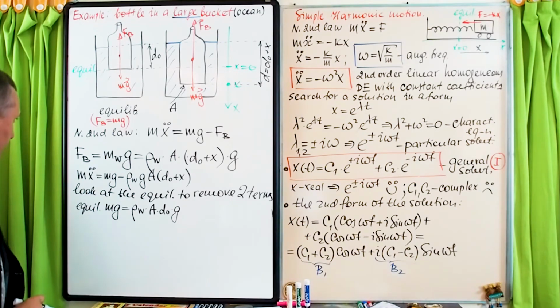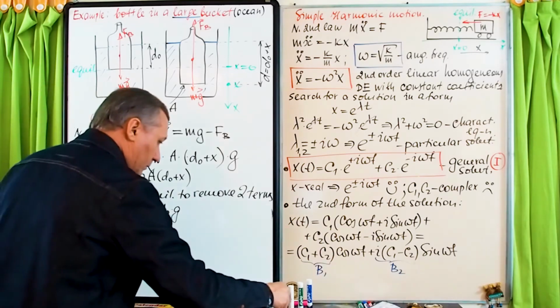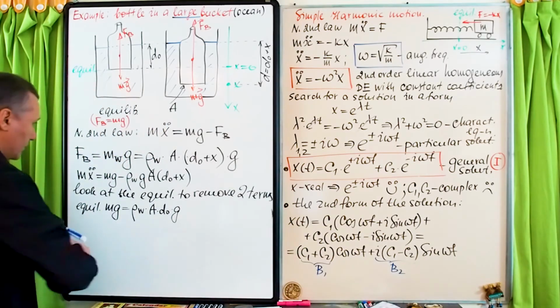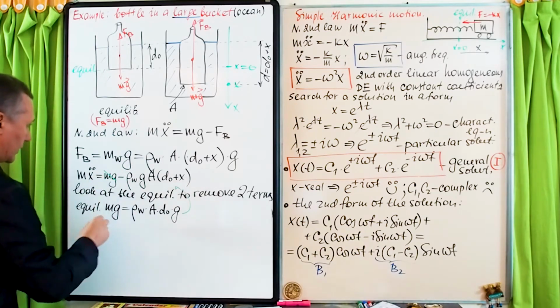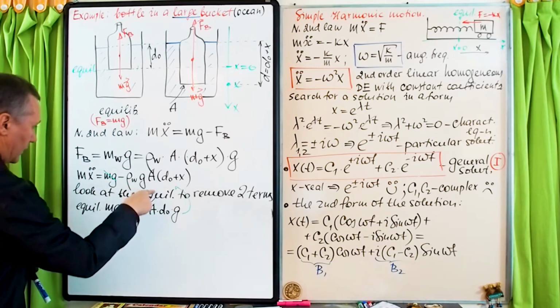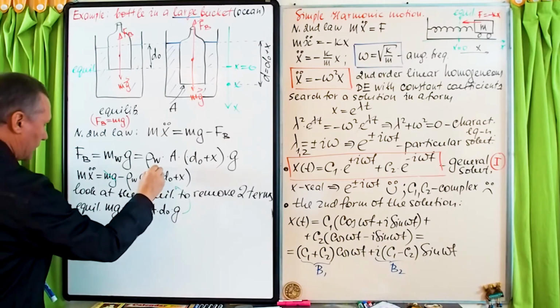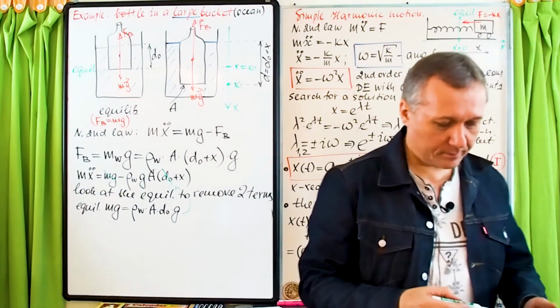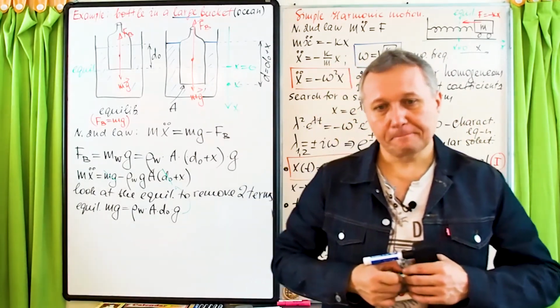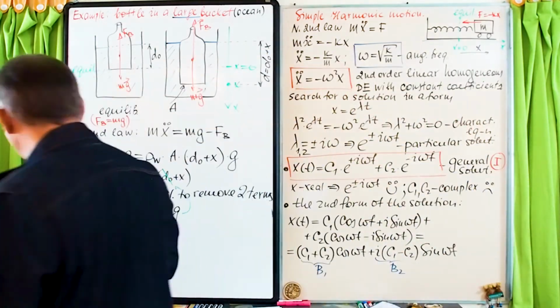And as a result, we can use it here, right? So this mg and this rho A g d naught, these two terms cancel each other, right? So in these cases, every time, cancel terms which are equal.